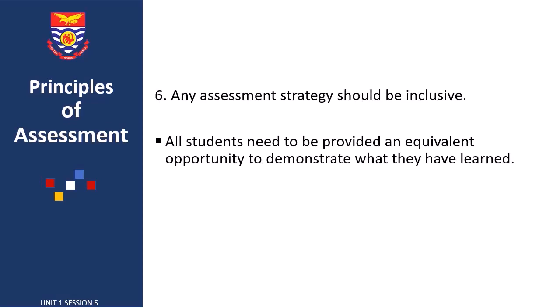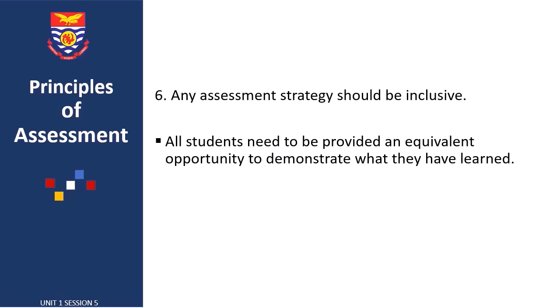Okay, point 6 of the principles of assessment: any assessment strategy should be inclusive. This means that you should use a variety of assessment techniques, traditional or alternative forms of assessment, so that the diverse ways students learn and demonstrate their learning styles are elicited.